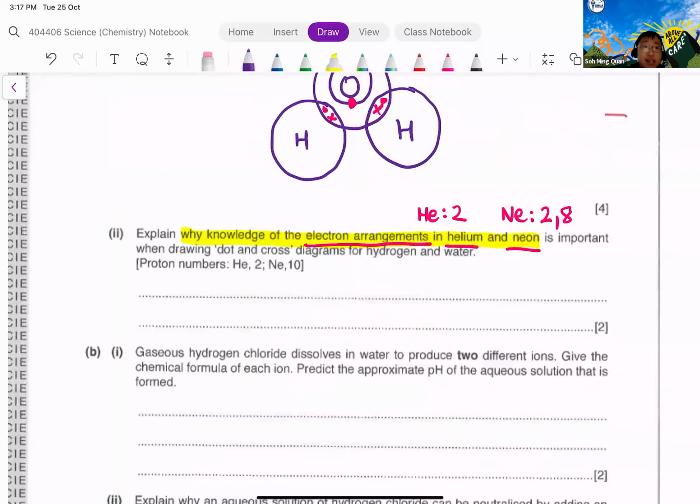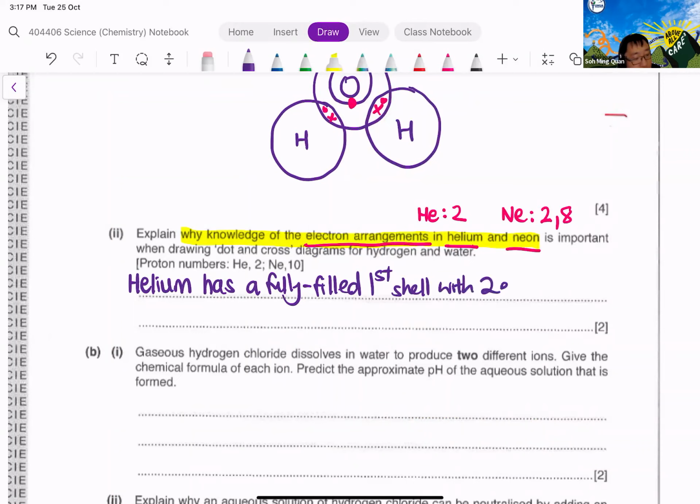So how do you phrase that into a sentence? Helium has a fully filled first shell with 2 electrons, right?